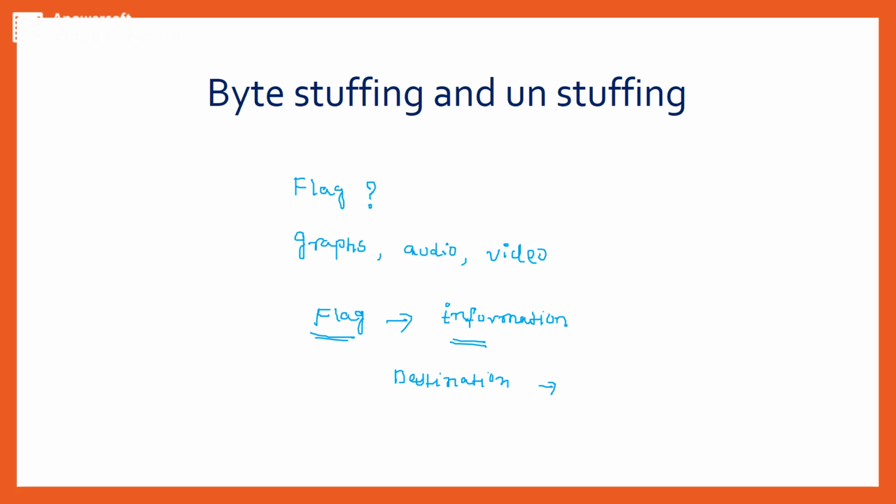In such cases, the destination node may consider the data as flag or the flag as data, and it will extract the data wrongly. In order to overcome this problem, we can make use of the concept called byte stuffing, also called character stuffing. The data section will be stuffed with one extra byte called the escape character, and that escape character will be removed at the destination node.